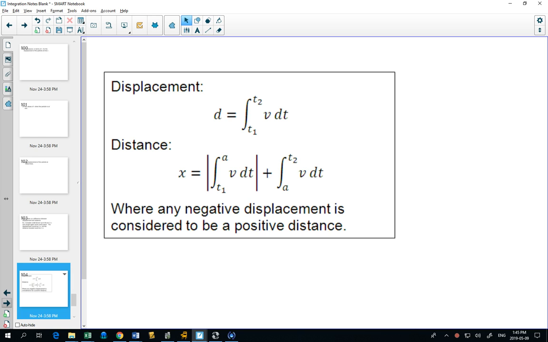And it cancels out. But if we break up our integral according to what parts were below and what parts are above, and we take the absolute value of those parts that are below, that will change that negative displacement into a positive distance, and then we can calculate the total distance involved.